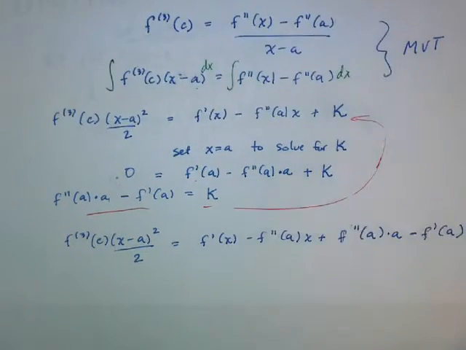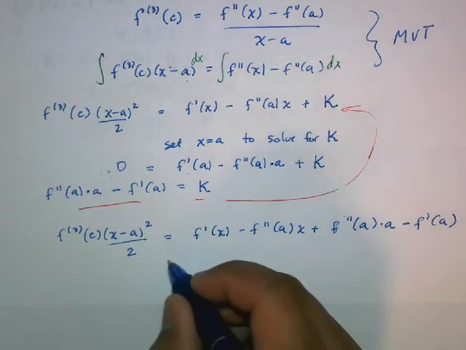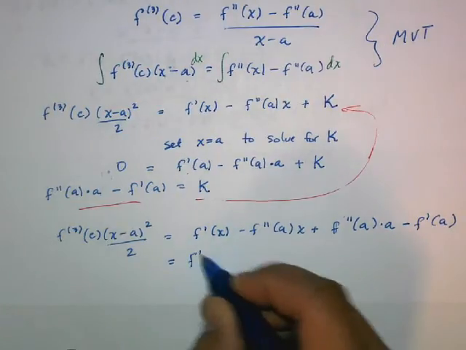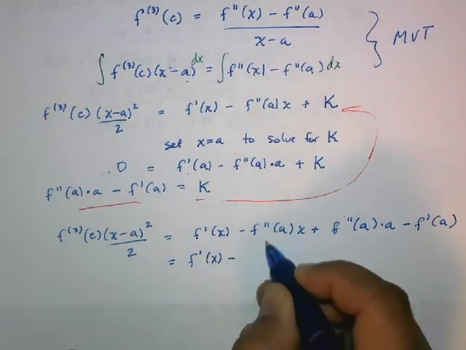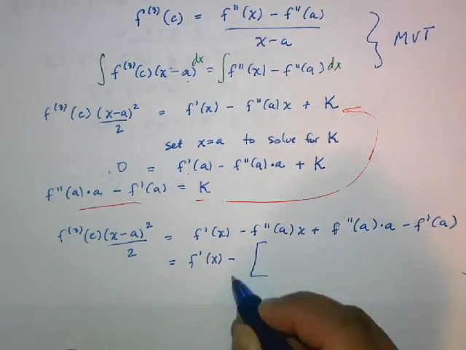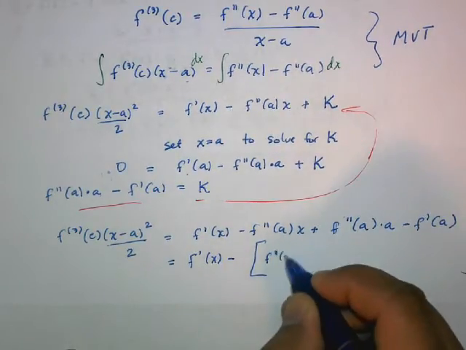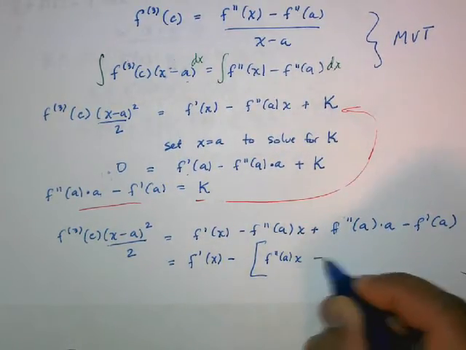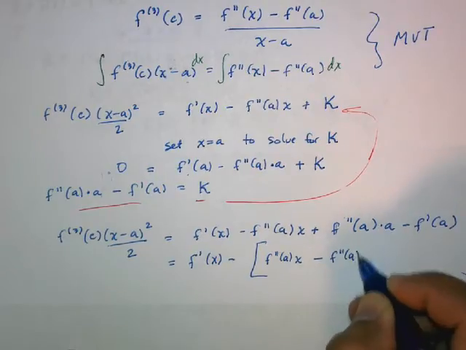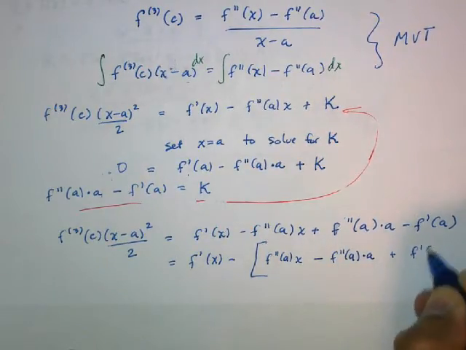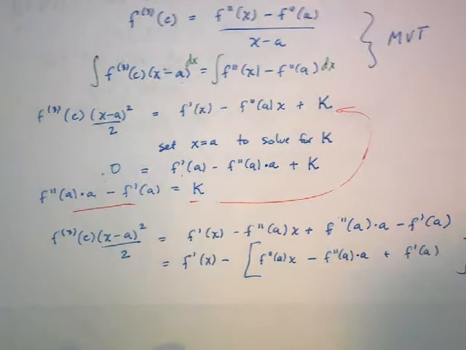Whew. But just as before, I'm going to be able to do a little bit of factoring here. So I'm going to take f prime of x minus, just factoring a negative 1 out of everything. So I get a positive f double prime of a times x, a negative f double prime of a times a, plus f prime of a.